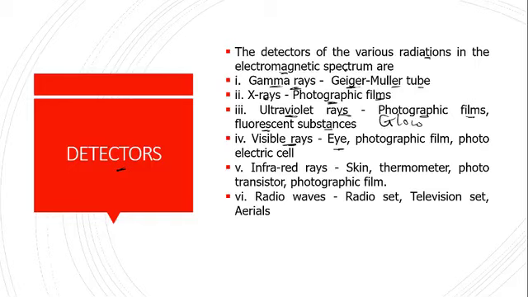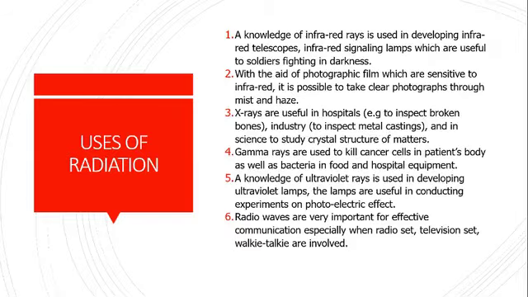The eye can detect visible rays. We have photographic films. We have photoelectric cells. For infrared rays, we have our skin, we have the thermometer, the phototransistor, photographic film. And for radio waves, we have our radio set, our television set, and we have aerials that are able to detect some of these waves.